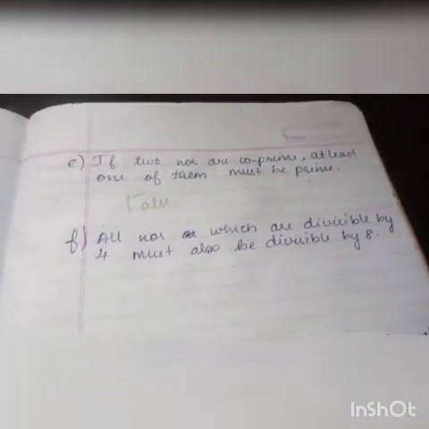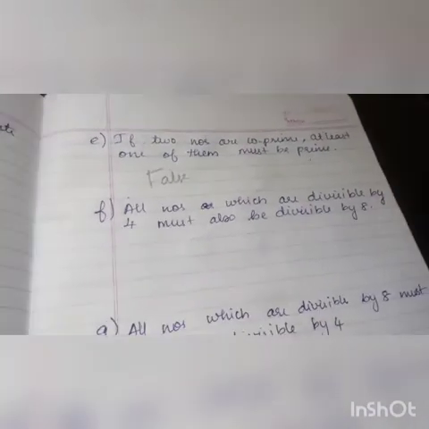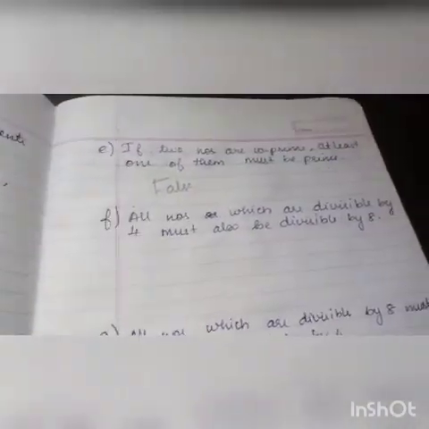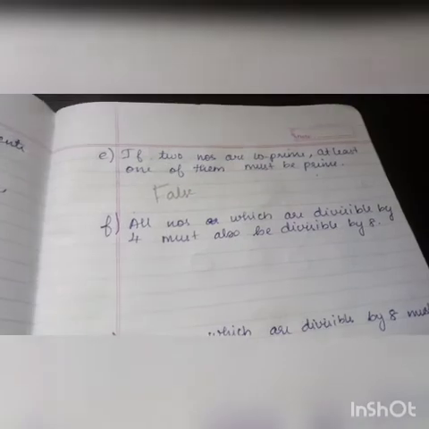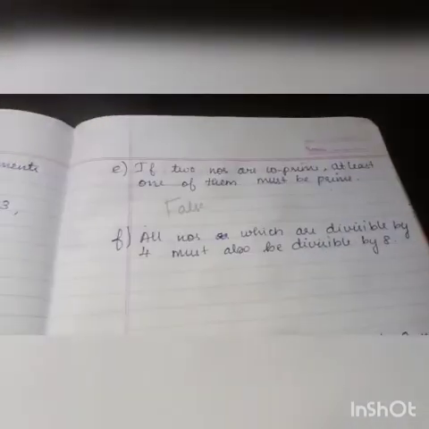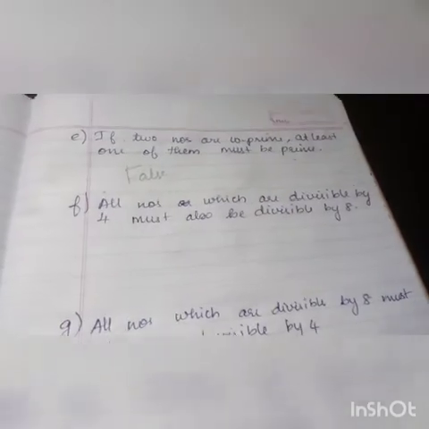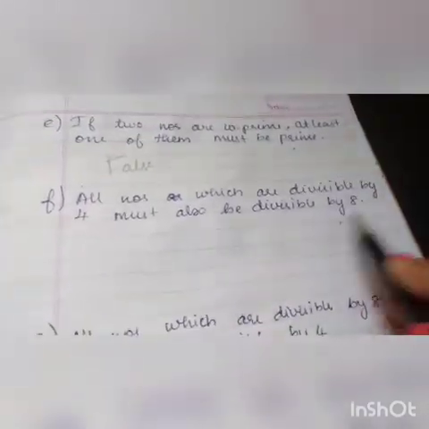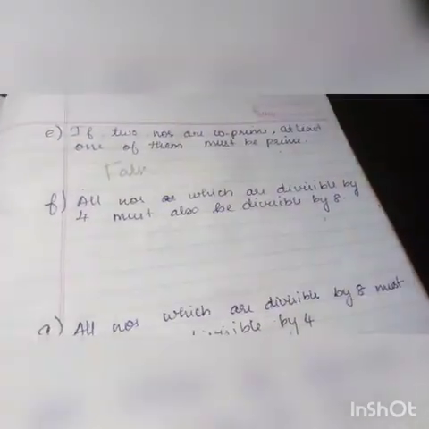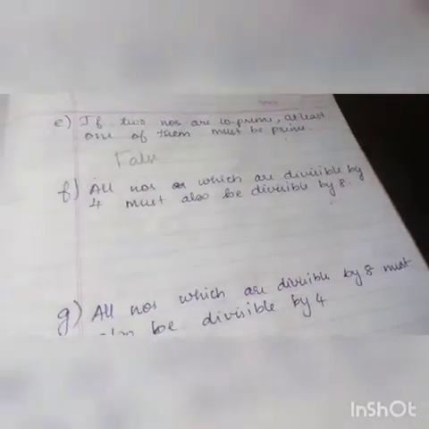Next, what is your F question? All numbers which are divisible by 4 must also be divisible by 8. What they are saying is, every number which is divisible by 4 must be divisible by 8. I'll take the number 12.